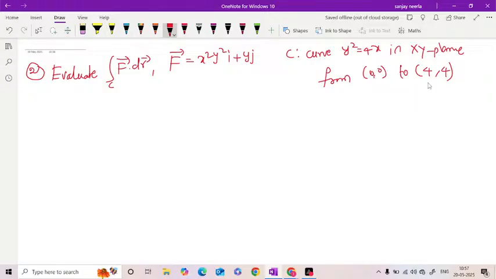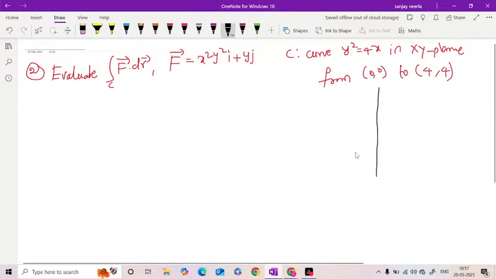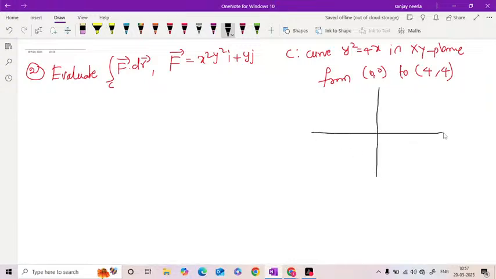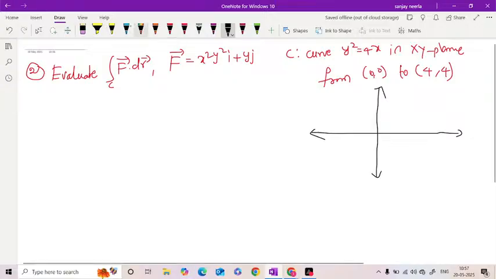So first of all, you have to draw the diagram. Assume this is the y-axis and this is the x-axis. What is the structure of this y square is equal to 4x? U structure or C structure? Anybody? C structure, very good.